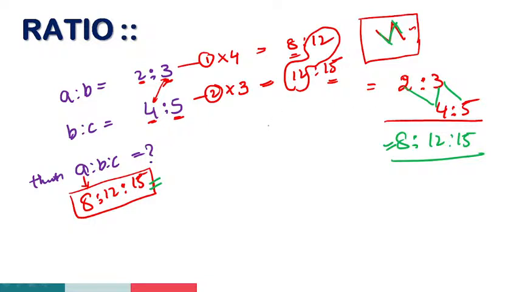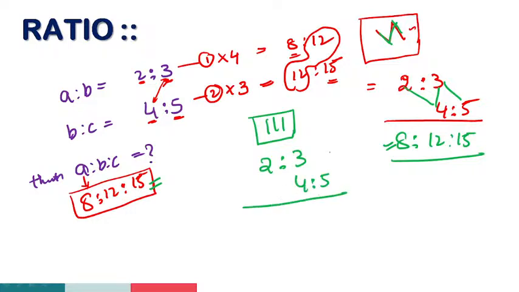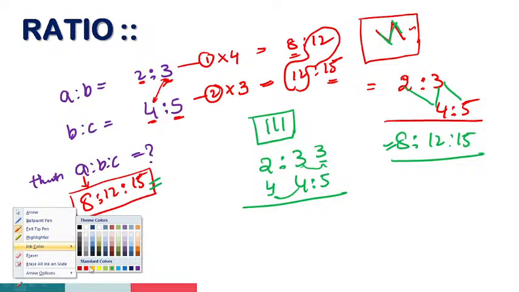One more logic here, somebody using 3 lines. The given information, A is to B is 2 is to 3, and B is to C is 4 is to 5. The empty space, note down the number that is there. Here also an empty space, note that number.